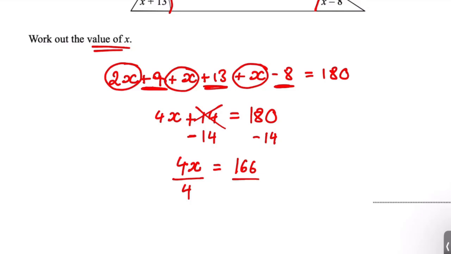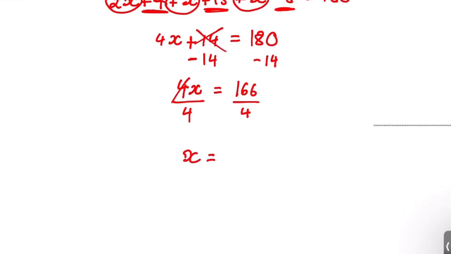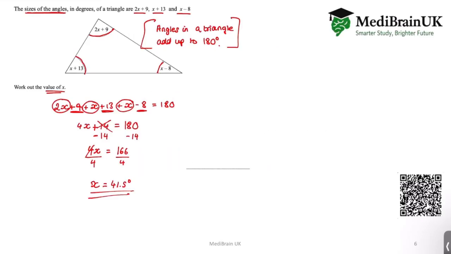So we're going to divide by 4 on the other side as well, and that's going to get rid of this 4. So we're left with x equals 166 divided by 4, and that's going to get you an answer of 41.5 degrees. So it says work out the value of x. The value of x is 41.5 degrees.